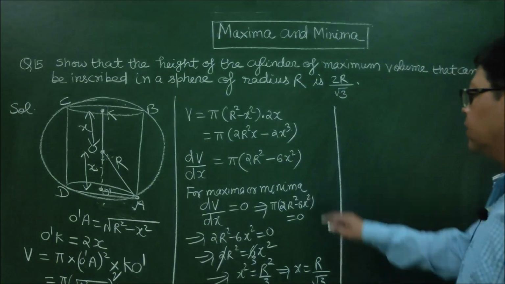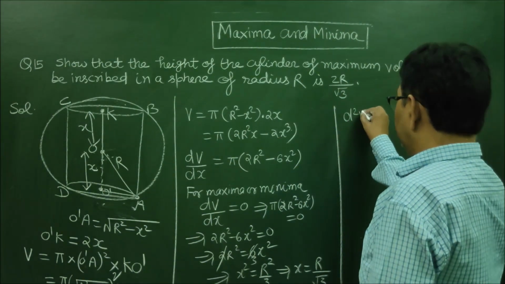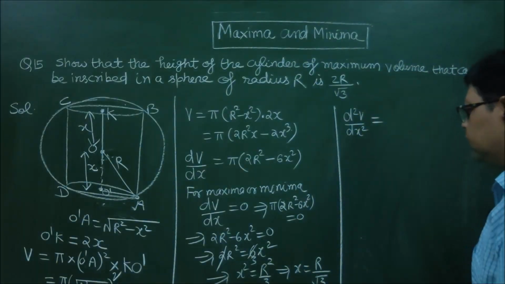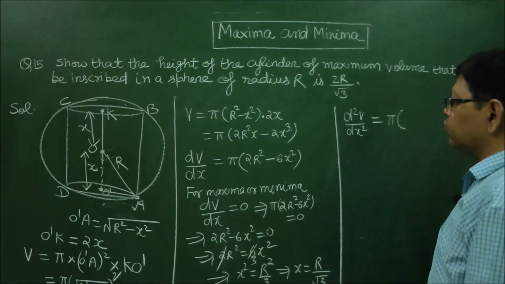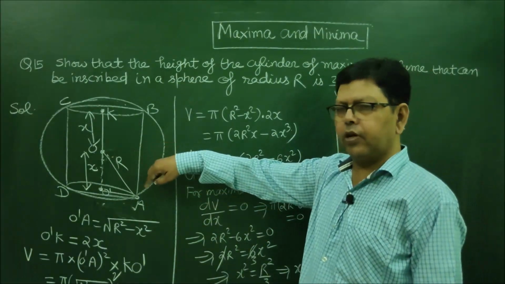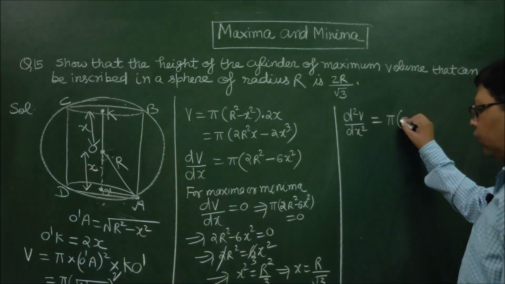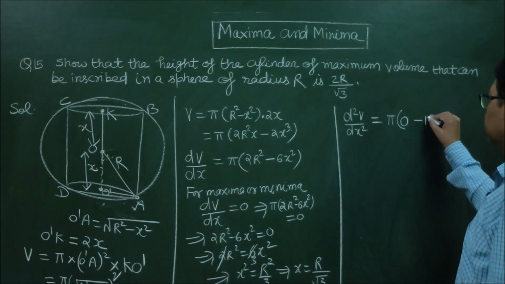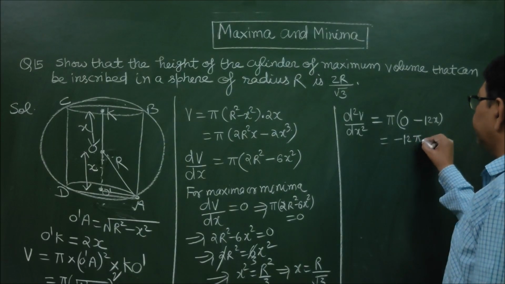Now let us find the second derivative of this function. d square V over dx square is equal to pi into (derivative of 2r square, because for the given sphere of given radius r is treated as a constant, so 0, minus 12x). So we get this is equal to minus 12 pi x.